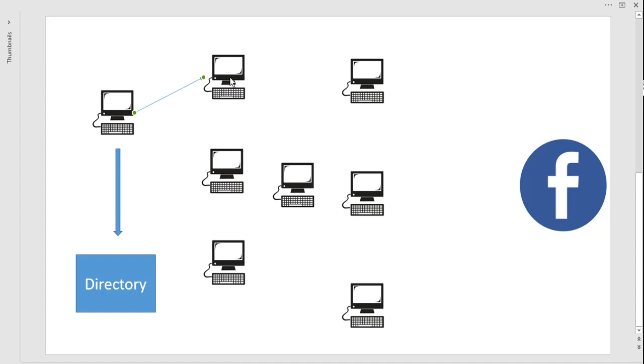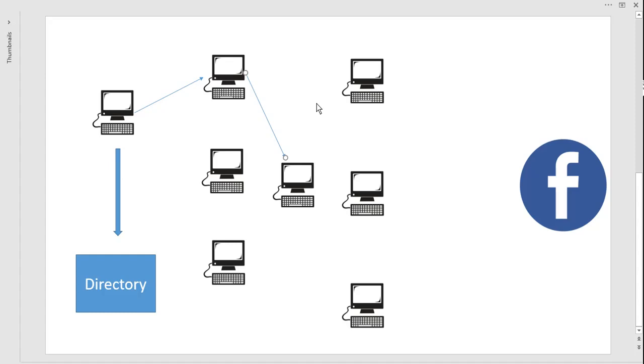Then this hop will only know that it has to take a file from this PC and deliver that file to the other hop, let's say this one. Now no single hop will ever know the complete path of your message.